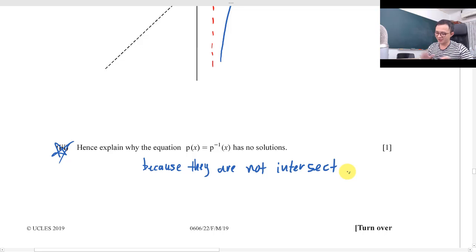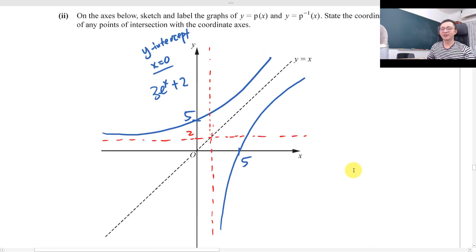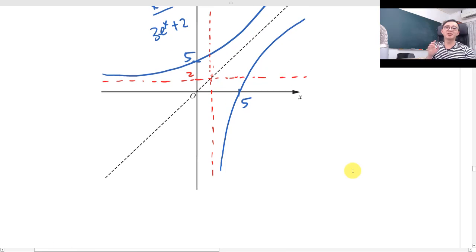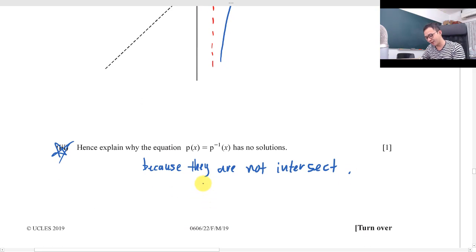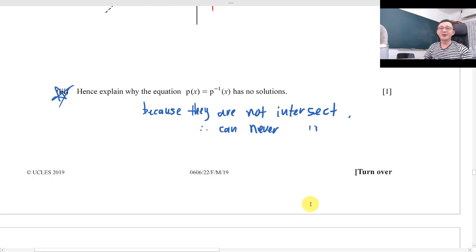Yeah, this is the easiest way of doing this, because from the graph they do not intersect, or you can say because they can never intersect each other. If you want to know further, you ask me why they do not intersect.